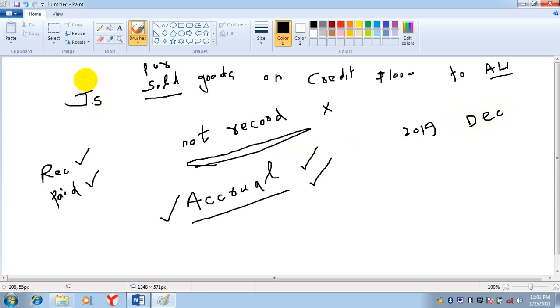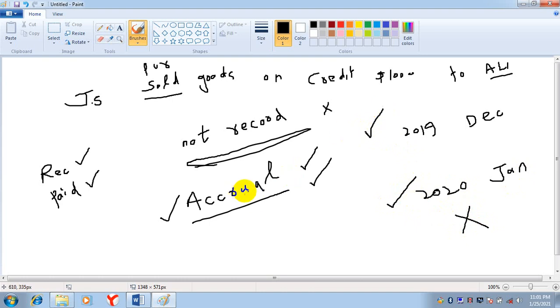You didn't receive cash. Suppose this was a 145 days credit period, so you will receive cash in 2020, but you will not record this transaction in 2020. You will record this transaction in 2019.